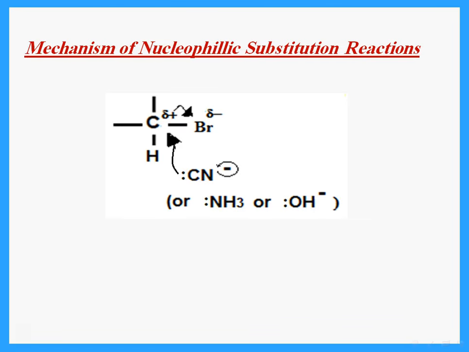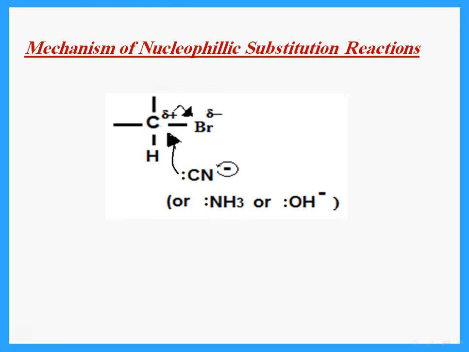The mechanism of nucleophilic substitution reactions you should be familiar with. We said nucleophilic means I'm reacting with a nucleophile. A nucleophile is something that has an extra lone pair of electrons or a negative charge. These lone pairs of electrons will attack the slightly positive carbon atom.